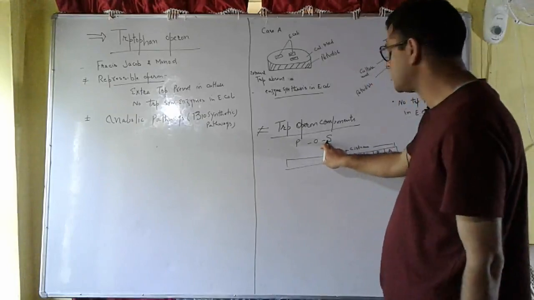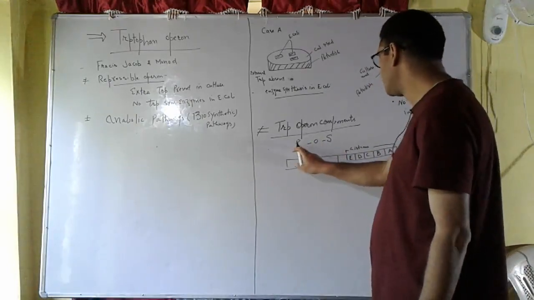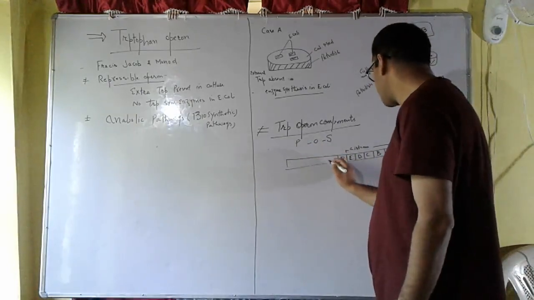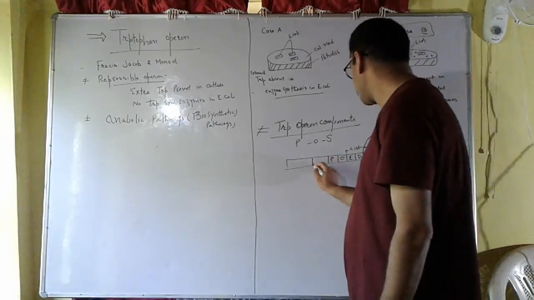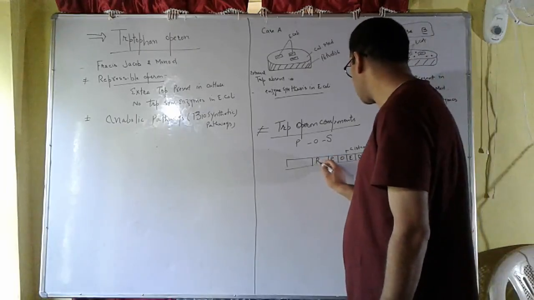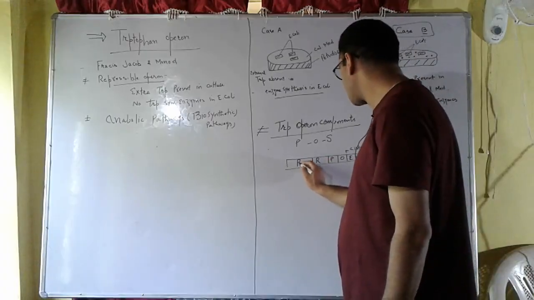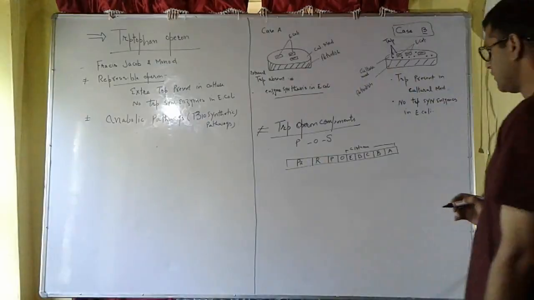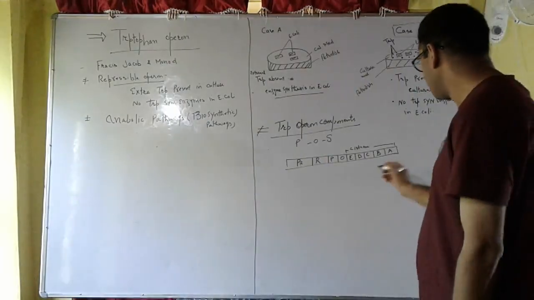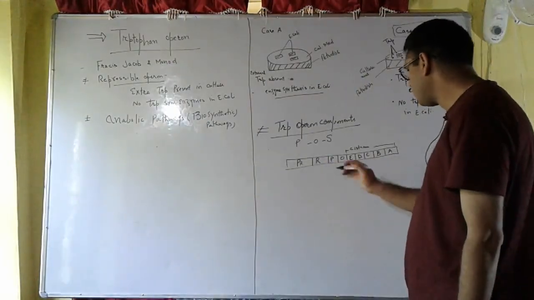S means structural genes or cistrons, O operator, and P promoter. Then we have another gene called the R gene, the regulator gene, and this is the promoter of the regulator gene. First we can explain them one by one.